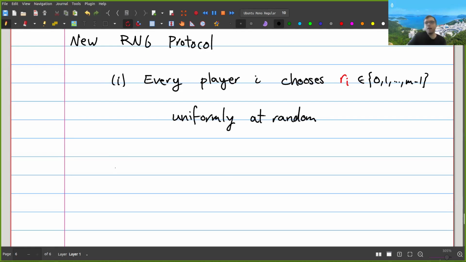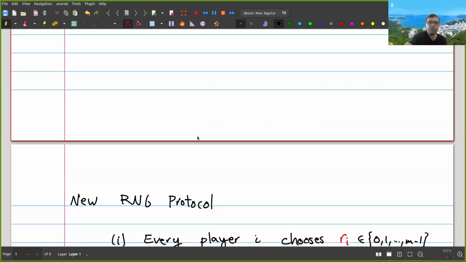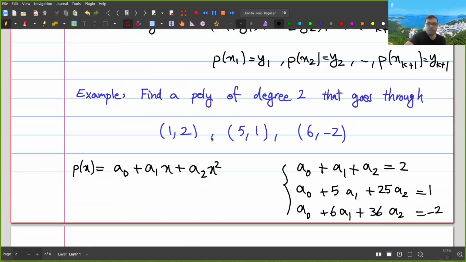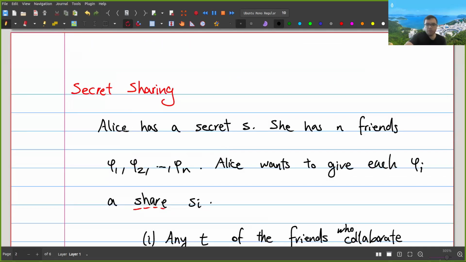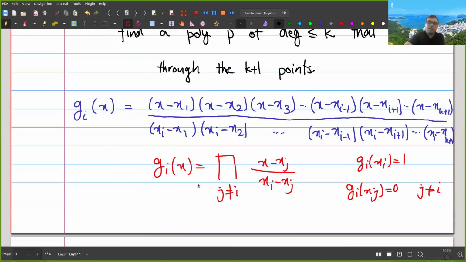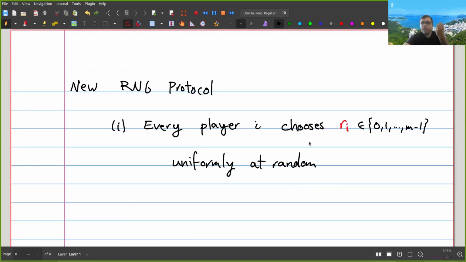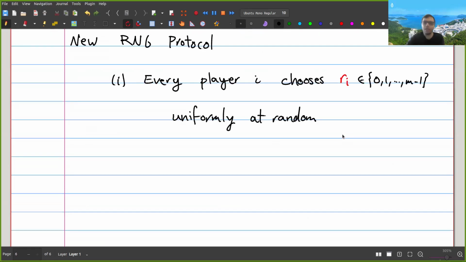But then I'm going to say that every player does secret sharing. So every player takes the role of Alice in our secret sharing protocol here. So we said that Alice has a secret S. She's sending shares to all of her friends. But here I say that the secret that player I has is Ri. So player I is going to send shares of Ri to all of the other players. Okay?